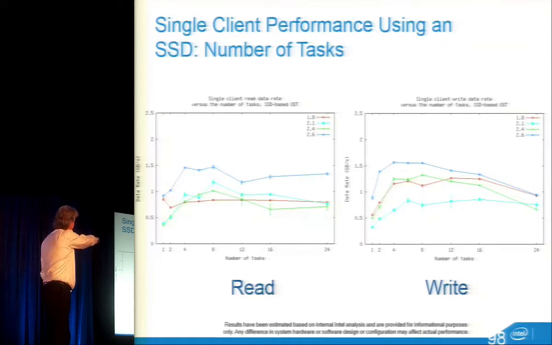But in any case, with multiple tasks, you're actually getting really nice improvement in performance even on the single client. So the single client performance of 2.6 is an improvement not just for one task, but also for all the tasks. Once you get out to all 24 tasks, the 2.6 and 1.8 are actually the same for writes.